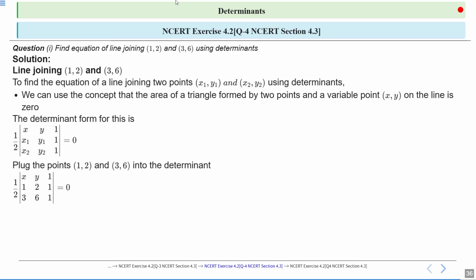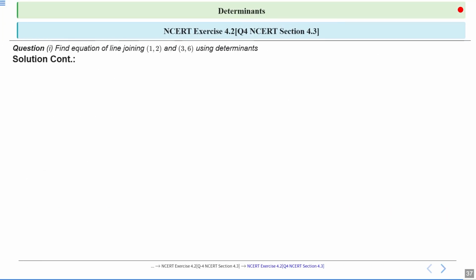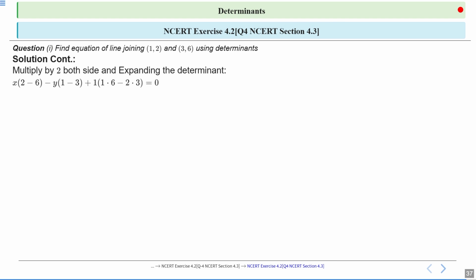So plugging these points into the determinant, we get 1/2 times the determinant x y 1, 1 2 1, 3 6 1 equal to 0. Now we calculate the determinant. Multiplying both sides by 2 and expanding, we get x into (2 minus 6) minus y into (1 minus 3) plus 1 into (6 minus 6) is equal to 0.